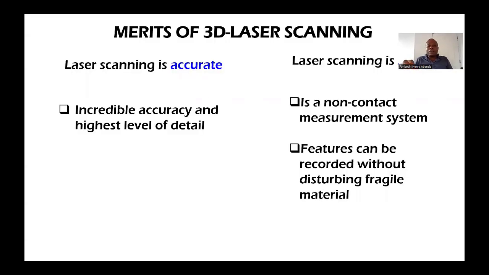Laser scanning is very, very accurate. That's one of the best advantages of 3D laser scanning. And of course, it is very safe. It is a non-contact measurement system, a non-contact, non-destructive surveying technique. You don't have to touch the object during surveying.